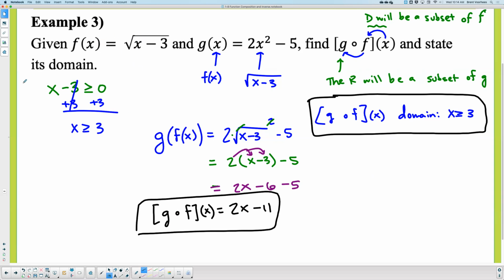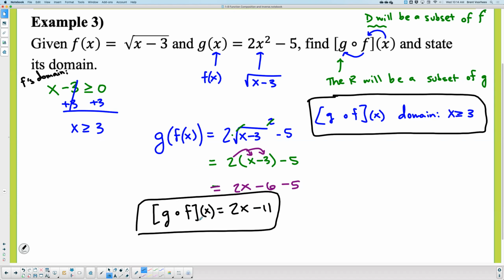That's f's domain here. f's domain was here. It couldn't have been all reals because it was already cut off to begin with. Now, technically, I need to throw out there, if when we plugged it into g there had been division, we would also need to cut off that it could not be equal to 0 as well. We'd have to take out the value of being equal to 0, but that wasn't the case in this one.